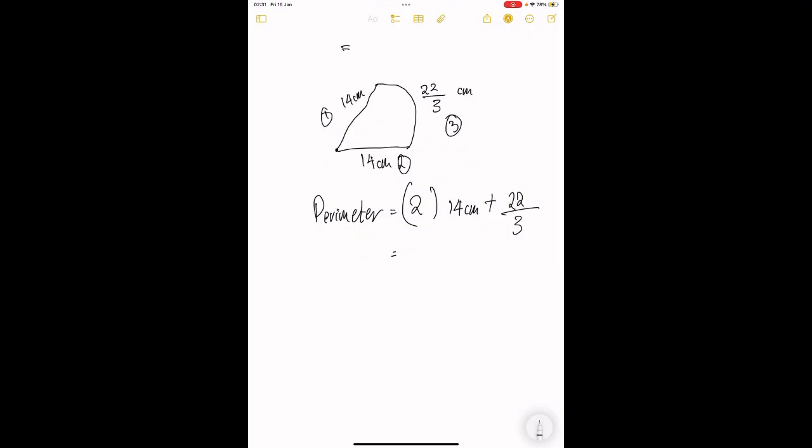So this is going to be 28 centimeters plus 22 over 3, and then 28 multiplied by 3, 84 plus 22. So right now we're going to leave it as a mixed fraction. 106 divided by 3 centimeters.